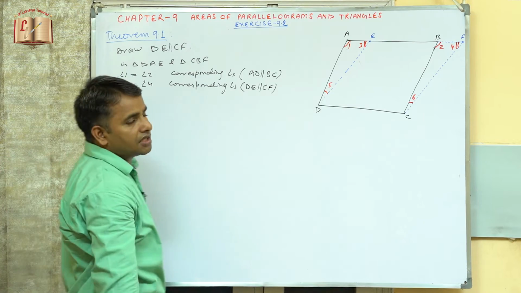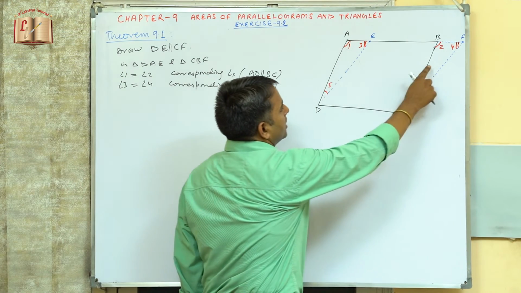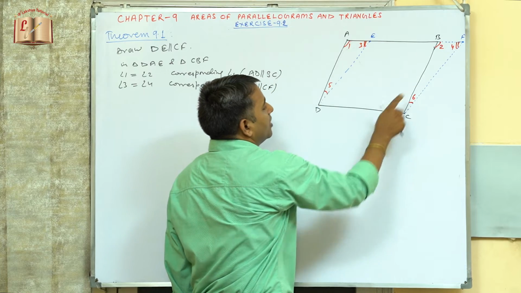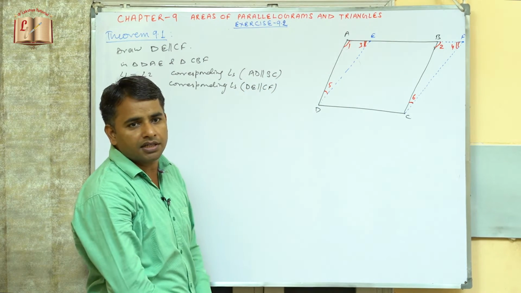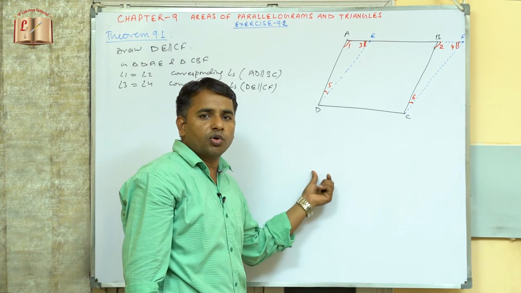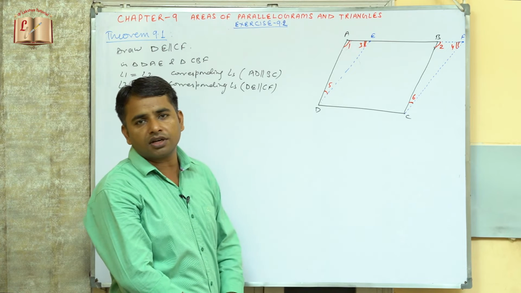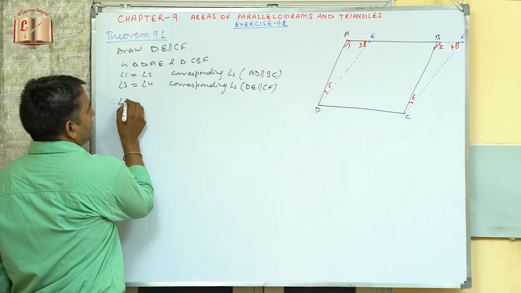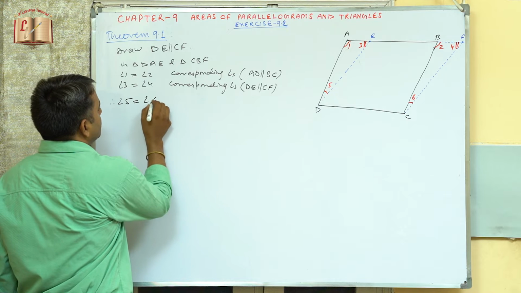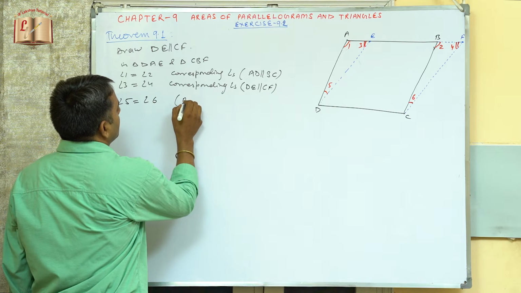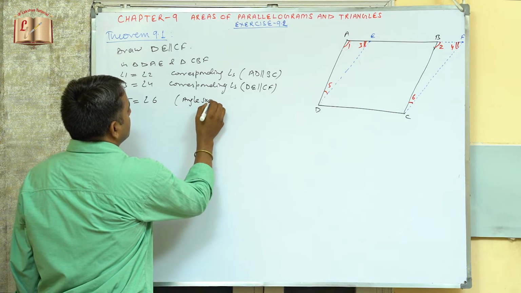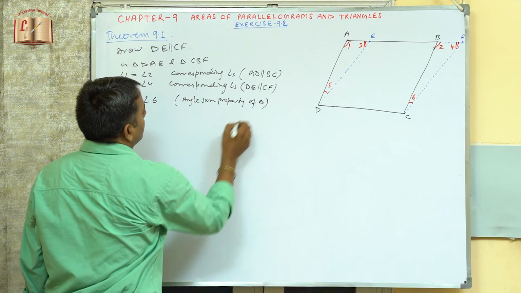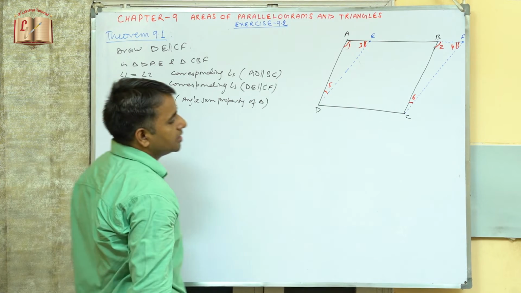Now see that in this triangle and this triangle, if two angles are equal, then automatically the third angle will be equal, by the angle sum property of the triangle. If in two triangles two angles are equal, then automatically the third angle will also be equal. Now we can write angle 5 is equal to angle 6. This is the angle sum property of triangle, and this side is equal to this side.